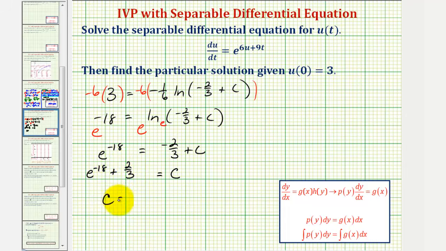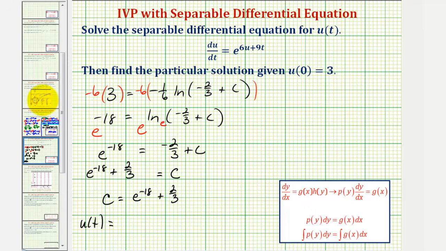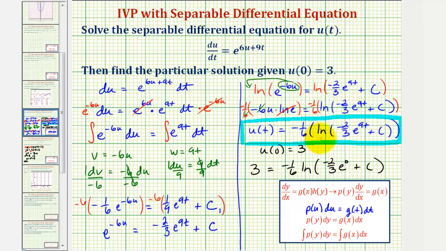So now that we know that c equals e to the negative 18th plus 2/3, and we know the general solution was u of t equals, going back to the first slide, negative 1/6 times natural log of negative 2/3 e to the 9t plus c.